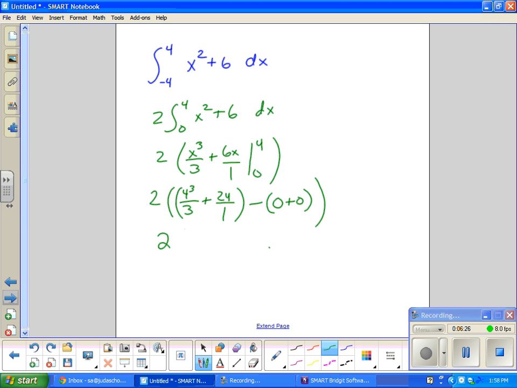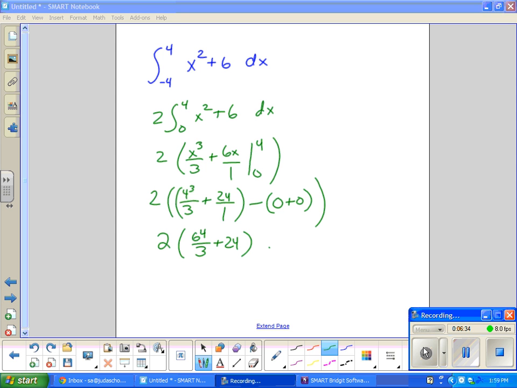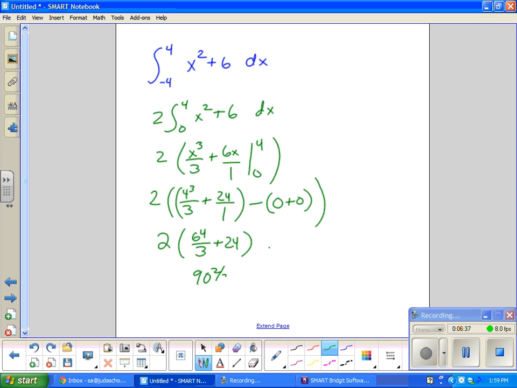So I get 2 times, and if I use my calculator, I get 90 and 2/3. And again, I'll do the graph before I do the integral from -4 to 4, because we should recognize this as a parabola going like this through the y-intercept of 6, -4 and 4.